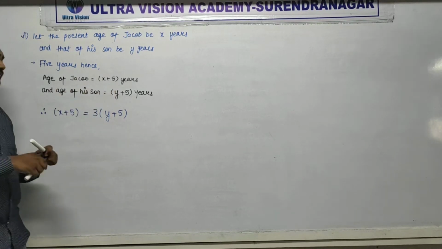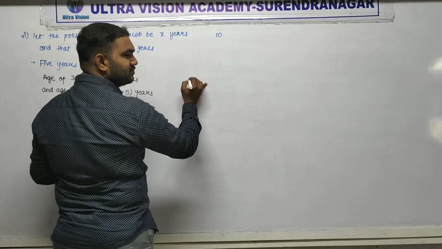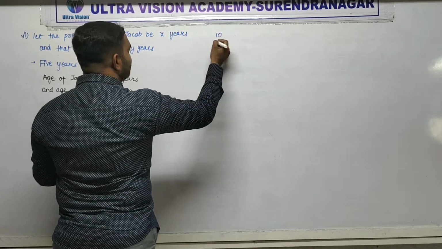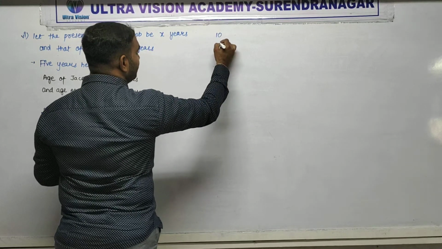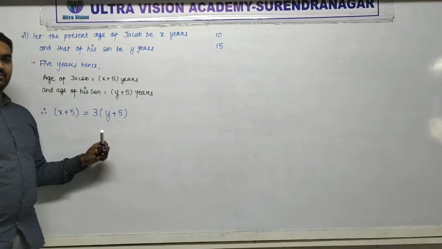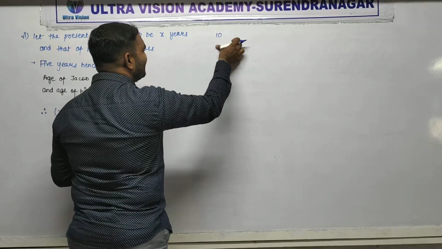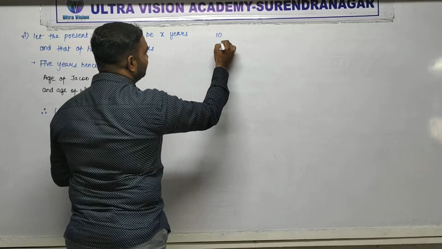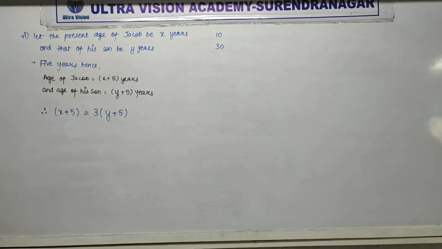હવે ધારો કે અત્યારે જેકબ નો સન 10 વર્ષનો છે અને જેકબ પોતે કેટલા વર્ષનો છે? જેકબ 15 વર્ષનો તો ન જોઈએ. Let us write it down like 30. So, he is 30 years and his son is 10 years.